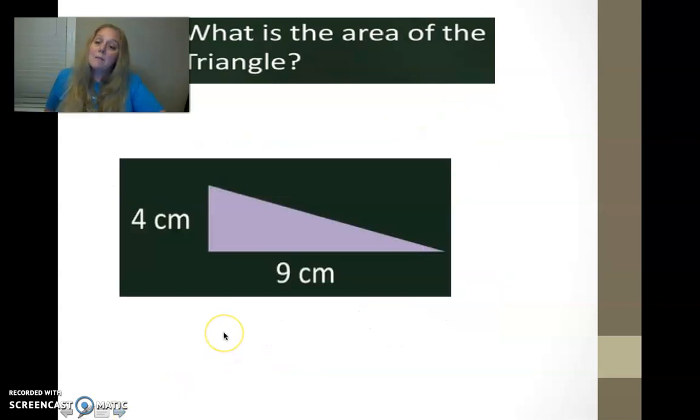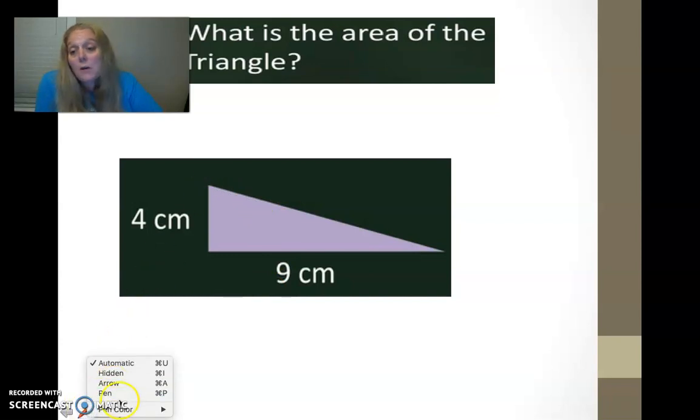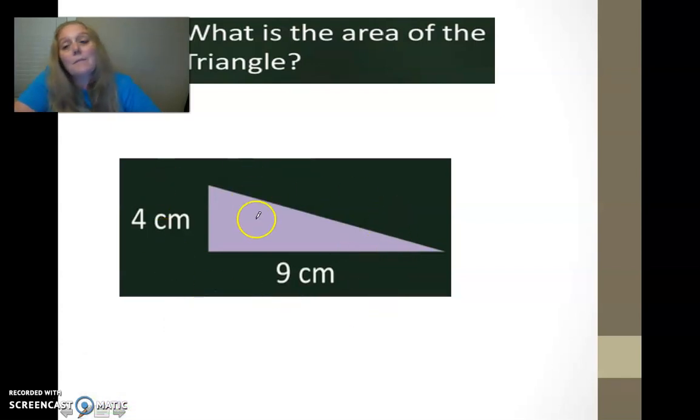Okay. Now sometimes you're going to be given a right triangle and you're not going to be shown what the original square or rectangle looks like. So you might get something like this where you're just given a right triangle with the base, 4 centimeters, and 9 centimeters would be considered the height here. But the same concept applies.